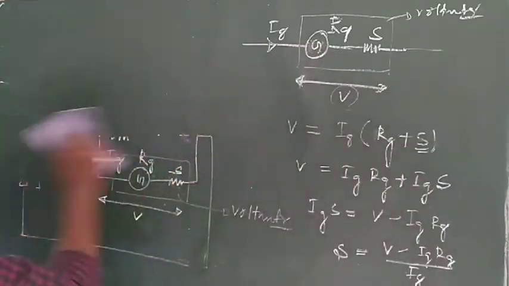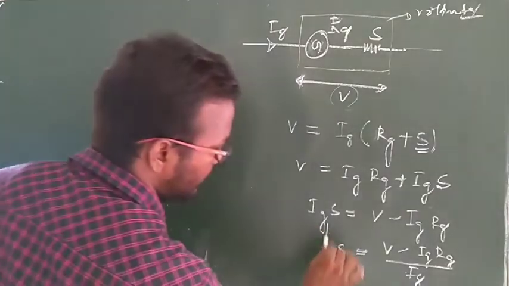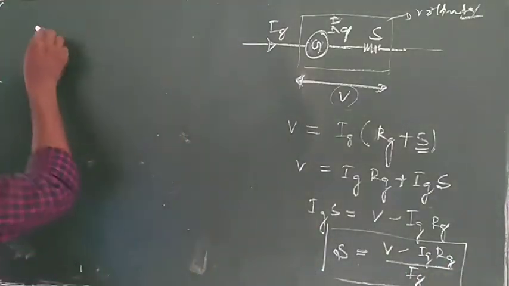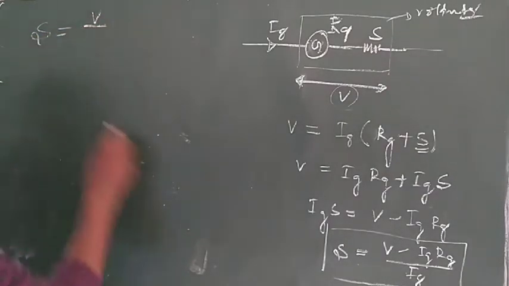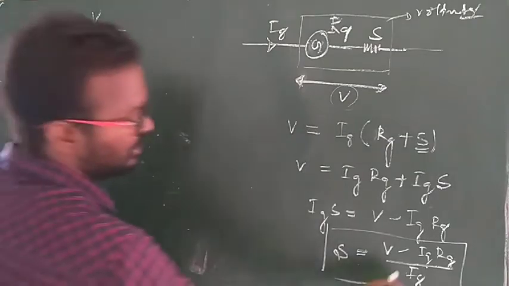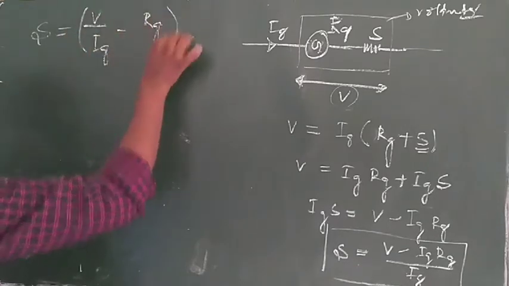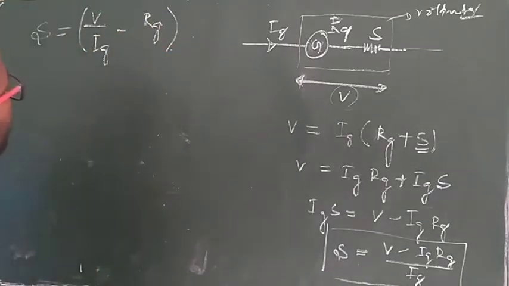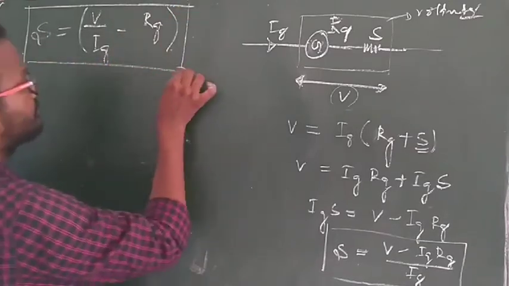Or you can also write this shunt resistance or high resistance as S equals V by Ig minus Rg. Clear? Okay. So this is the mathematical formula.